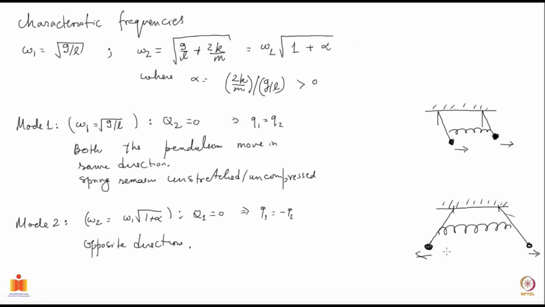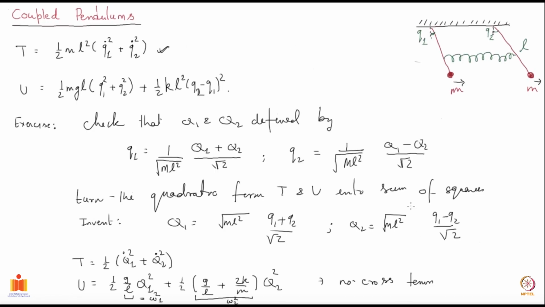Okay, and the reason is because let's say when you are in a particular mode Q1, for example, in this case, all the small Qs, they all oscillate with the same frequency, right? That you should be able to immediately convince yourself, because the small Qs are just a linear combination of the big Qs. For example, here this Q1 is just a linear combination of these, right? Q2 is a linear combination of these.